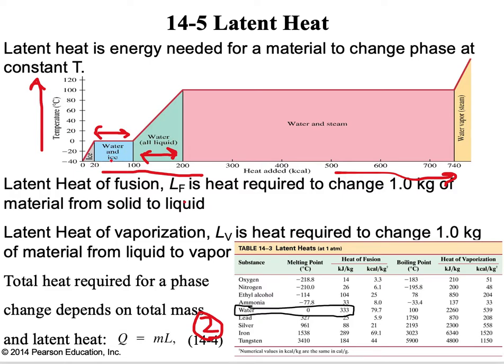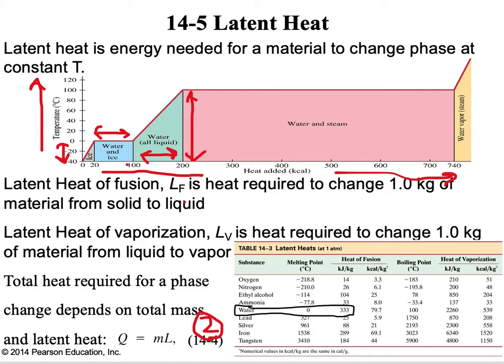So whenever we're at ice, we're looking at 0 to minus 40 degrees Celsius. And whenever we're looking at water, we're looking at minus 40 to 100. So how we read this graph is we add heat to our ice, and eventually our ice will convert into water.